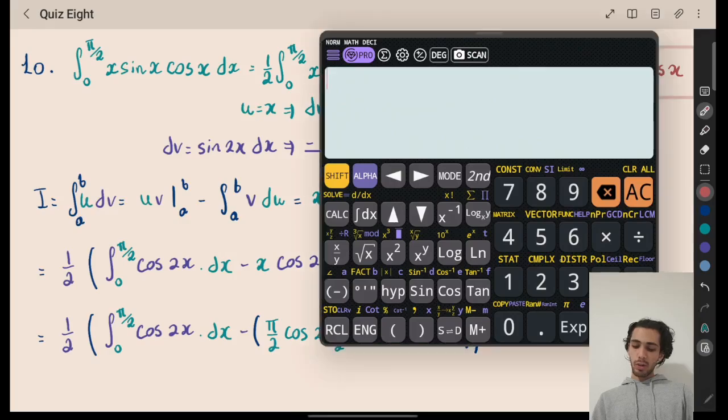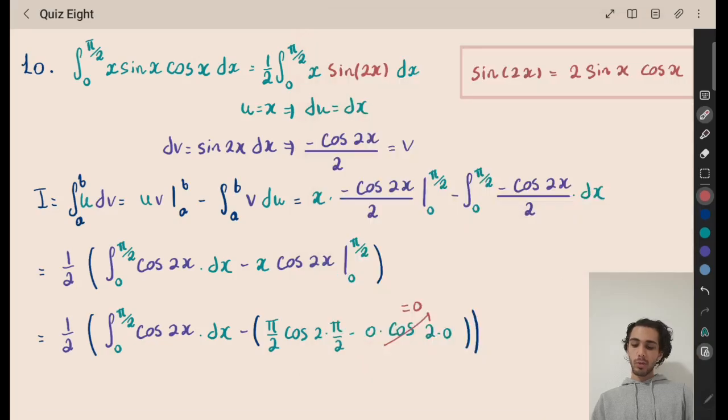If you're not sure, you can always write down cosine of... So pi is 180. It's minus 1, so I made a mistake. It's minus 1. Because cosine of 0 is 1. Cosine of 180... 2 times pi over 2 is pi.